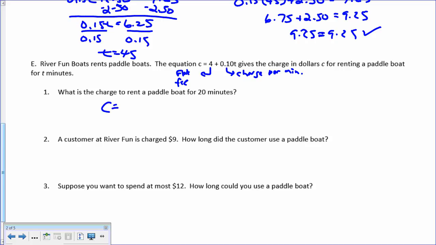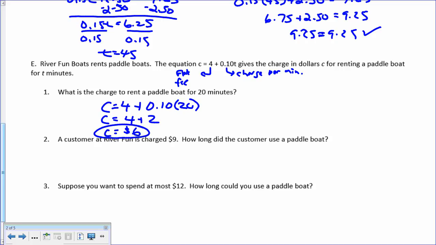So we are going to plug in 20 for T and solve. Well, 10 cents times 20, that's 2. And we get C is $6. So at $6, you can rent the boat for 20 minutes, I'm sorry, not 25 minutes.